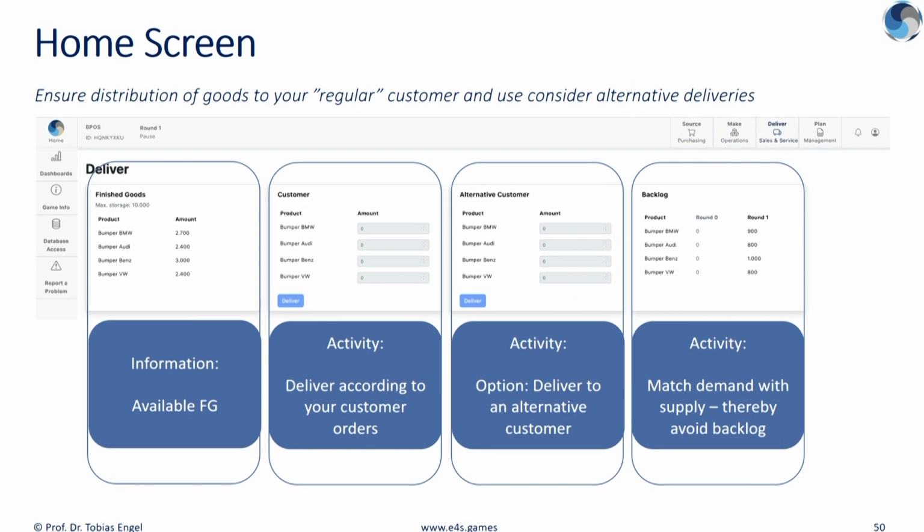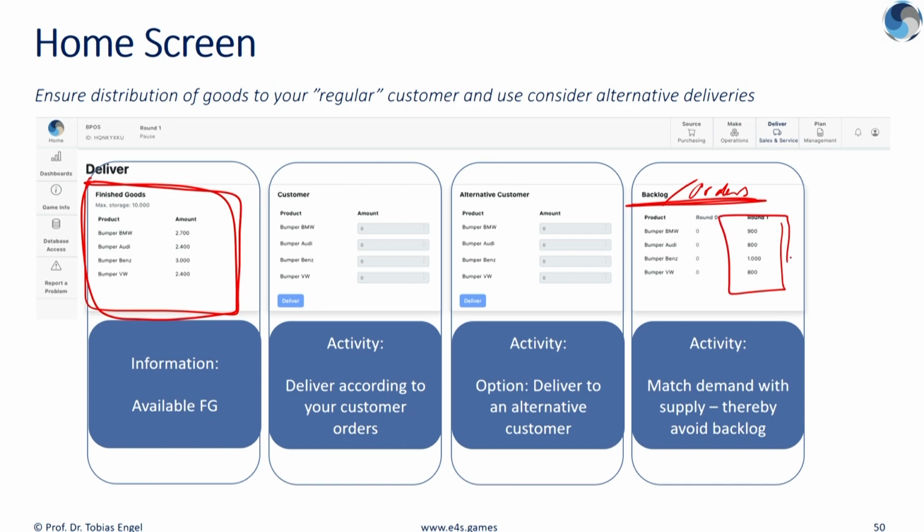If we go to the deliver function, as I told you, you see how many finished goods are available. And then you can see the backlog/orders. So if something is ordered by your customer, it goes into that field. As you can see here, you have 900, 800, 1,800 products ordered by your customer.